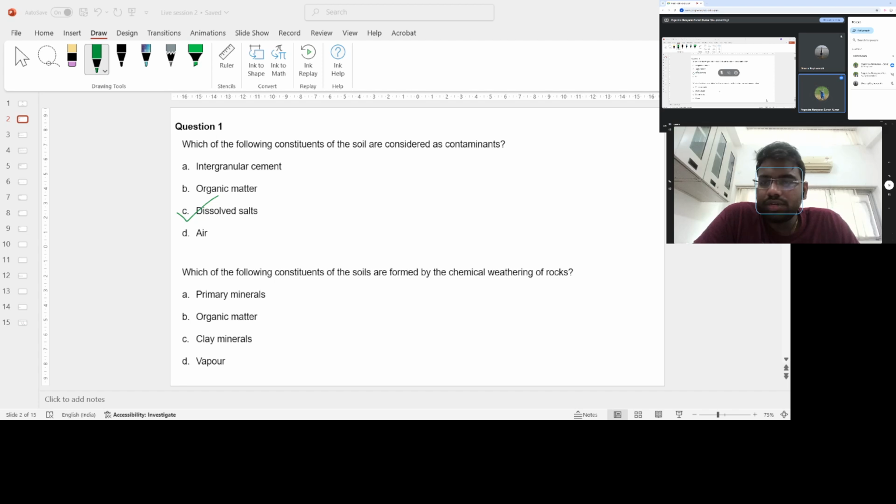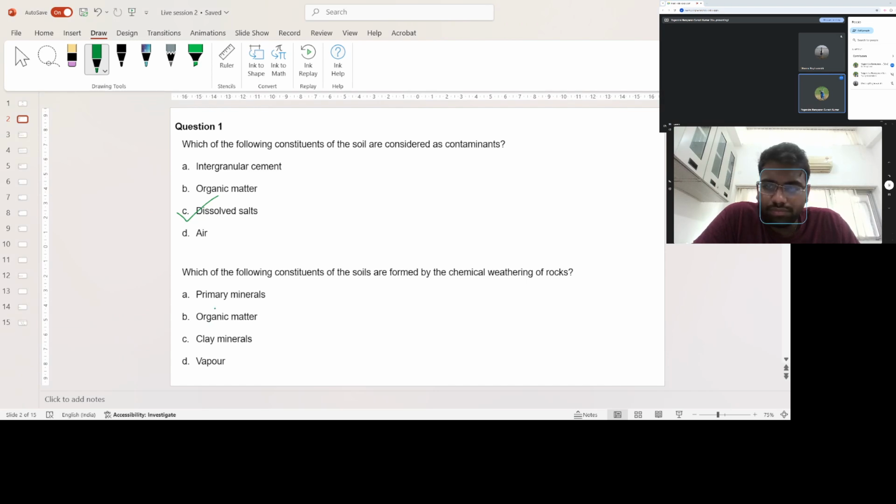Then we can go to the next question. Which of the following constituents of the soils are formed by the chemical weathering of rocks? Let me repeat it. Which of the following constituents of the soils are formed by the chemical weathering of rocks?